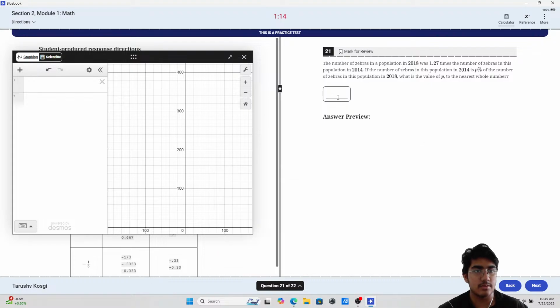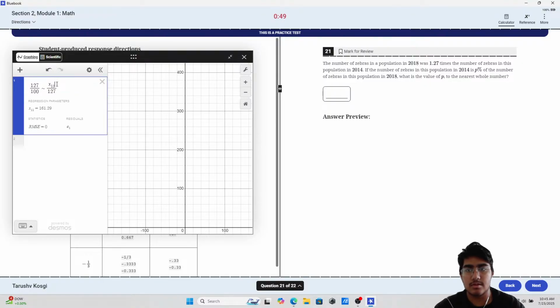What is p? What is the value of p? P%. So if we have 100, and then so we have 127 over 100 is equal to x% of 127, and that's 160.29.